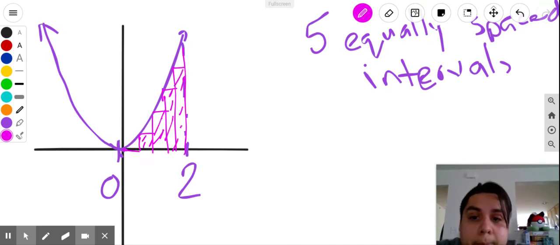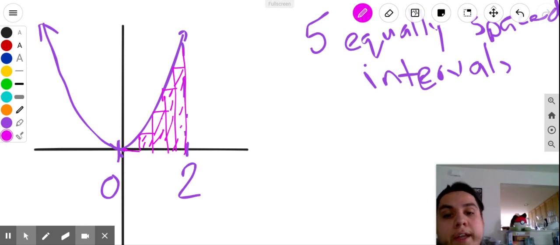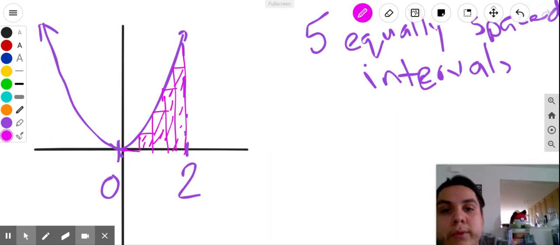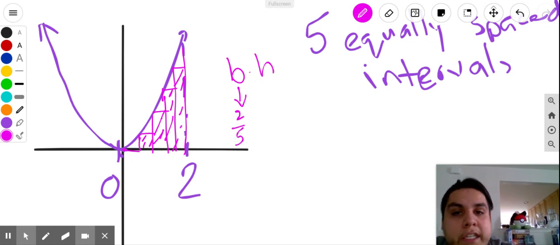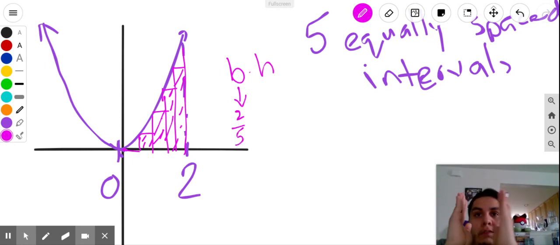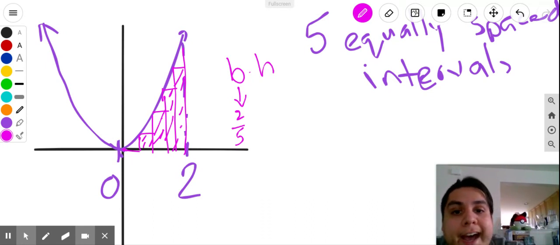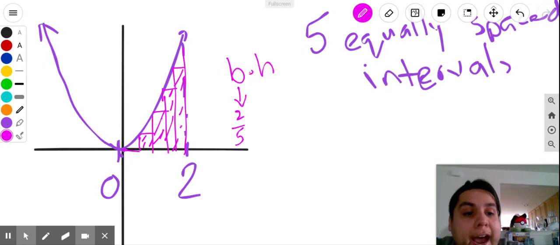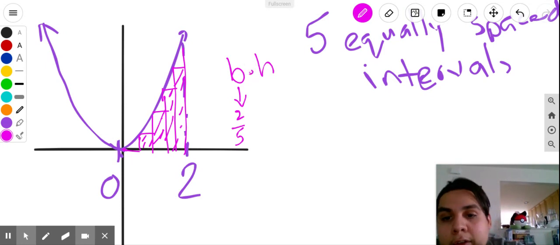And that's fine. I know each of the rectangles will be base times height. And the base is 2/5 because that's how I split it up. But the height changes.